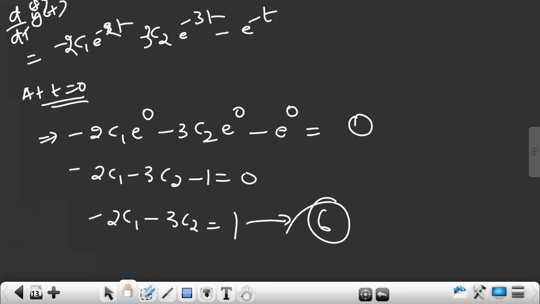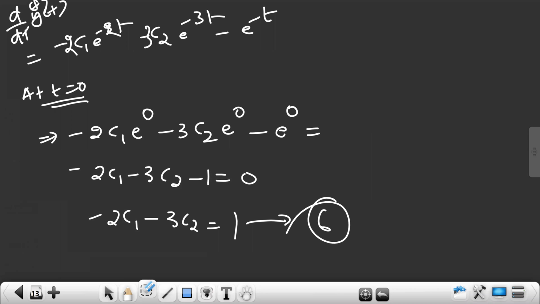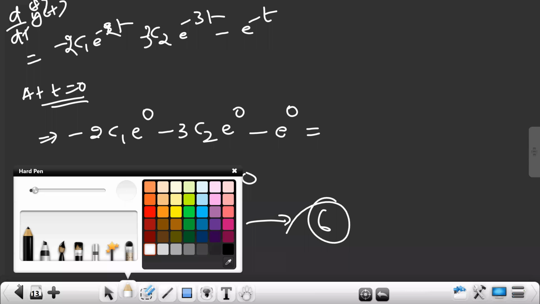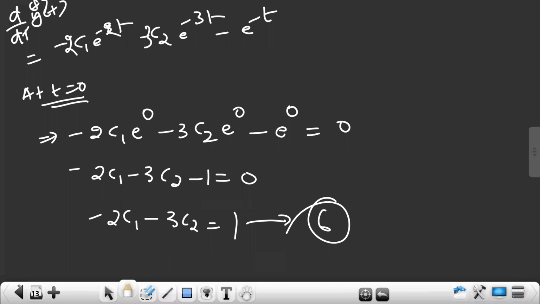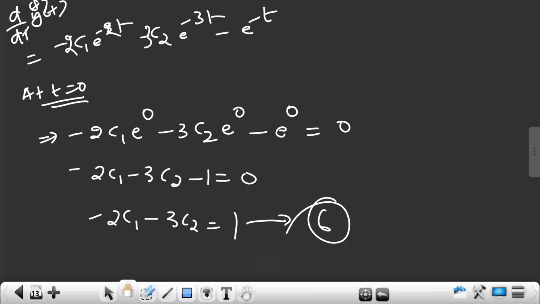Now all of you solve equation number 5 and 6. You have two equations. One is C1 plus C2 equal to minus 1.